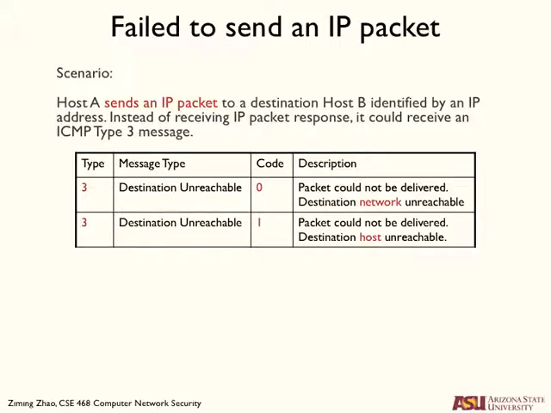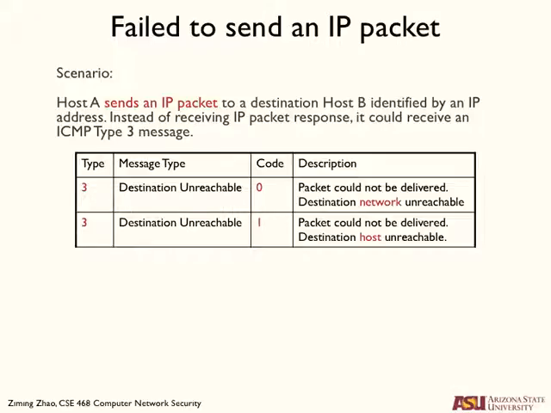In this case, let's say host B is offline. So instead of receiving an IP packet response, host A may receive an ICMP message saying that I cannot deliver this message to host B. There is basically one type called destination unreachable.